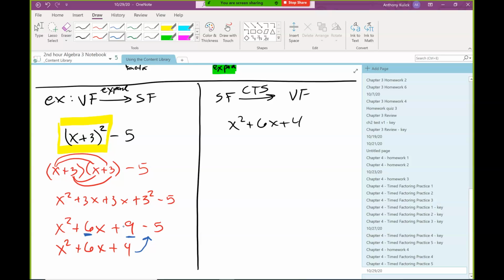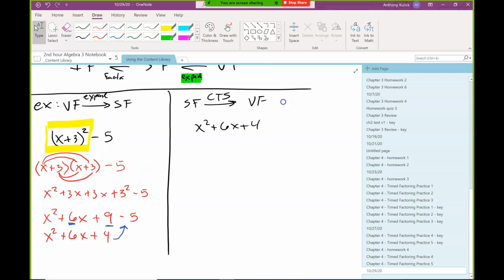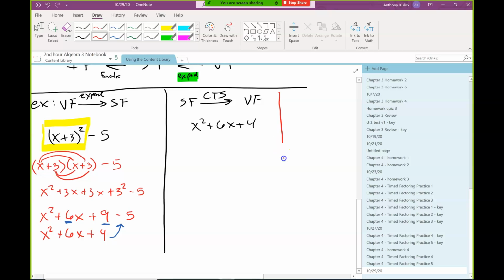So how is 6 related to 9? Well, divide by 2, and then square it, I'll get 9. Everybody agree with that? Why am I dividing it by 2? Because at the previous step, we added 2 things together to make the 6.